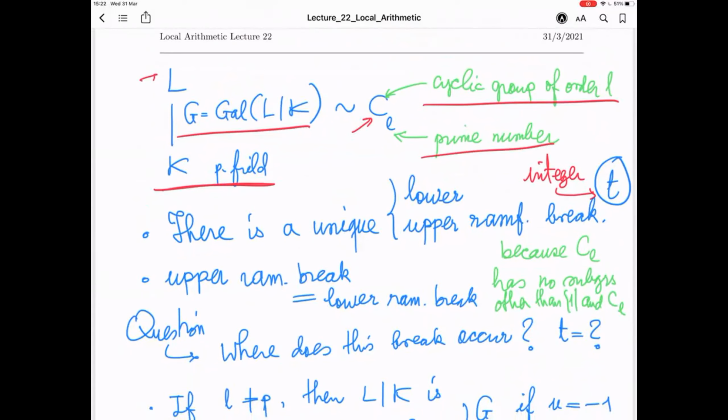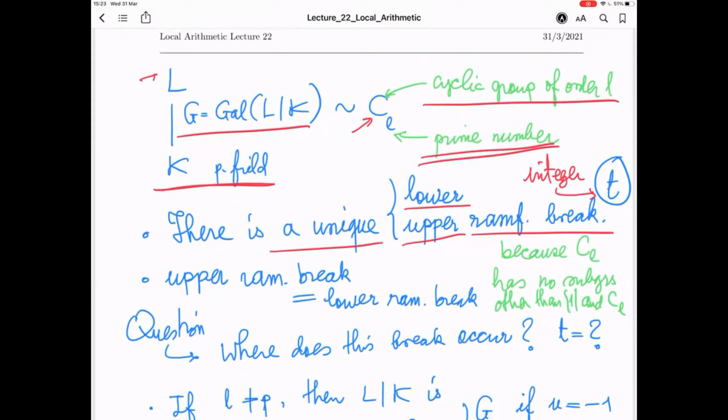These are, of course, the simplest kind of Galois extensions one can imagine, because cyclic groups are the simplest kind of groups one can imagine. So if it is cyclic of prime degree, then there has to be a unique ramification break, lower ramification break or upper ramification break.